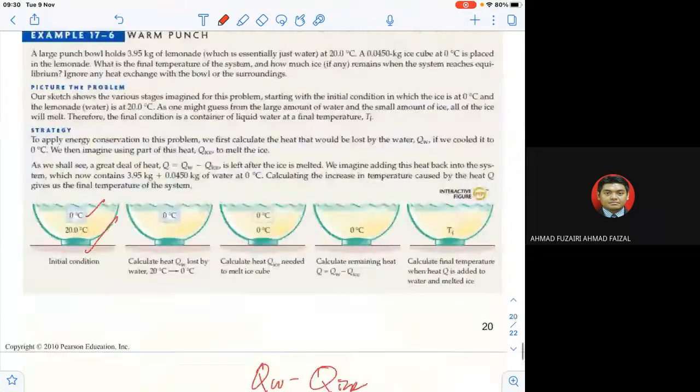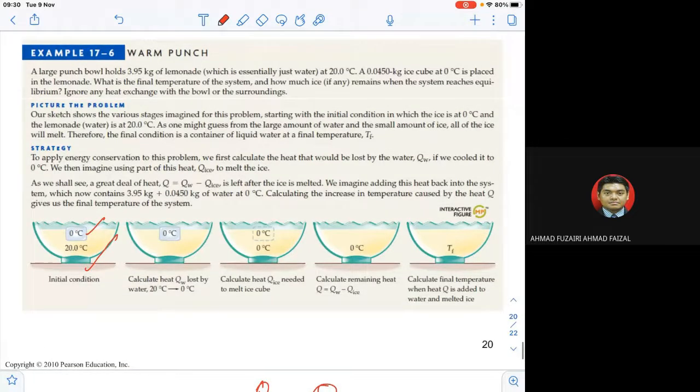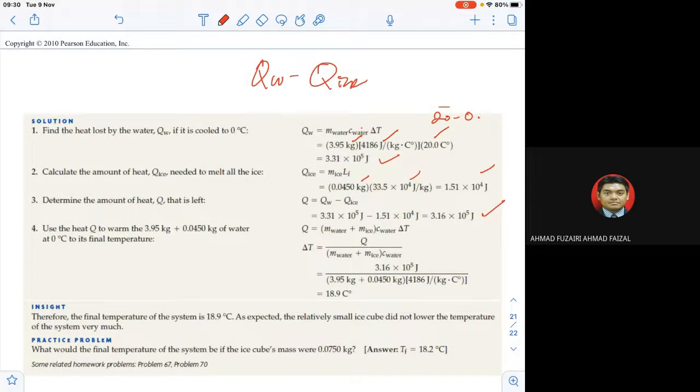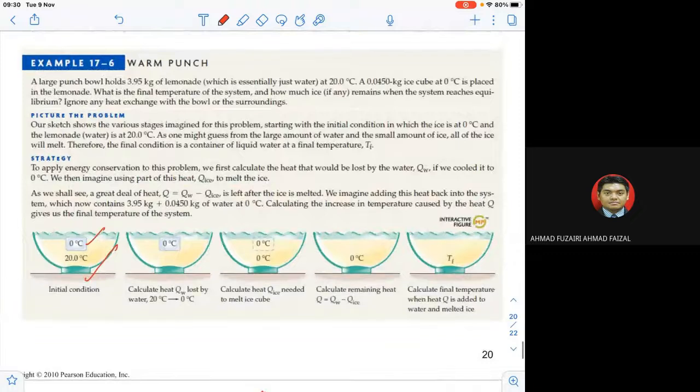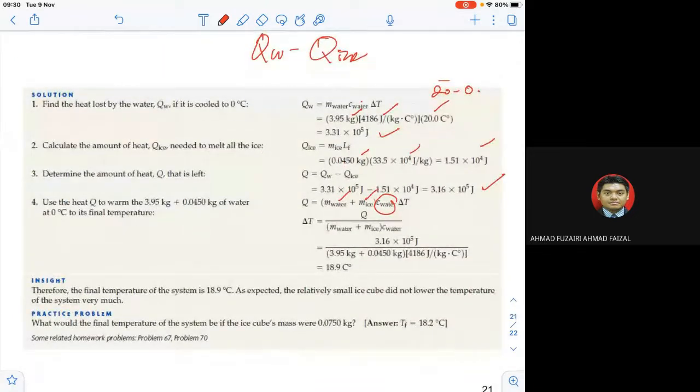So the question now: what is the final temperature of the system, and how much ice remains? Right now we can see that the water and ice have been added together. So you add m water and m ice, the mass of water and mass of ice, using the specific heat of water and delta T in order to get the final temperature, and lastly we calculate the remaining ice.